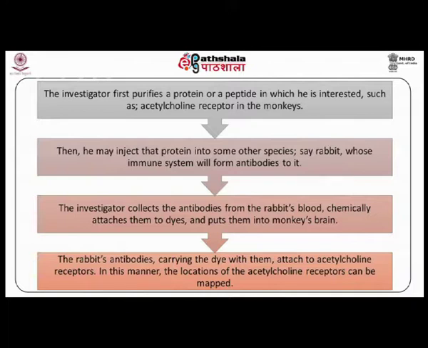The investigator collects the antibodies from the rabbit's blood, chemically attaches them to the dyes and puts them into the monkey's brain. The rabbit's antibodies, carrying the dye with them, attach to acetylcholine receptors. In this manner, the locations of the acetylcholine receptors can be mapped.